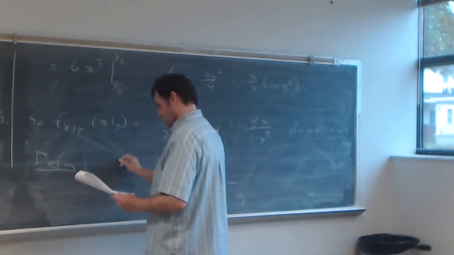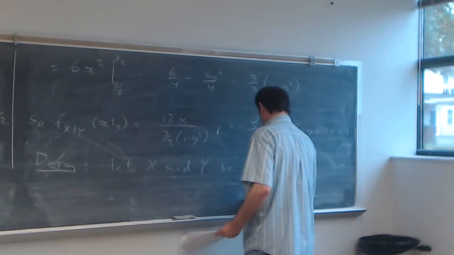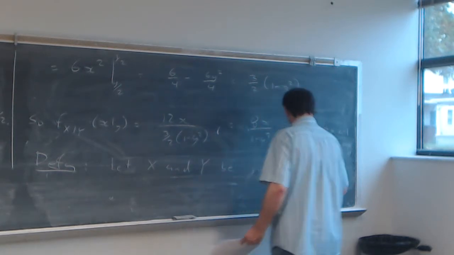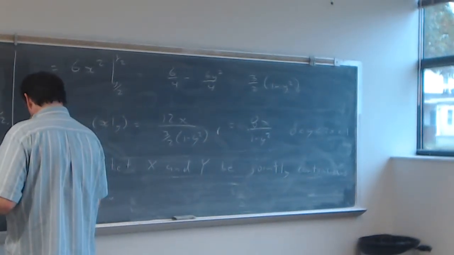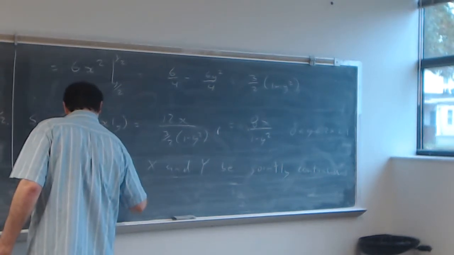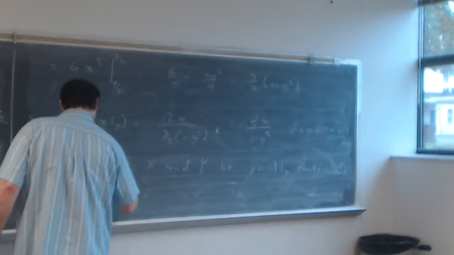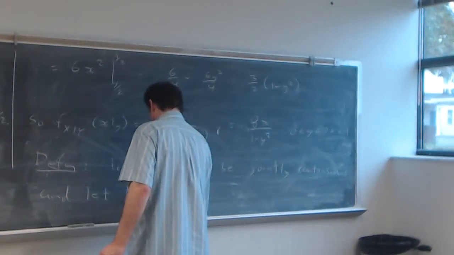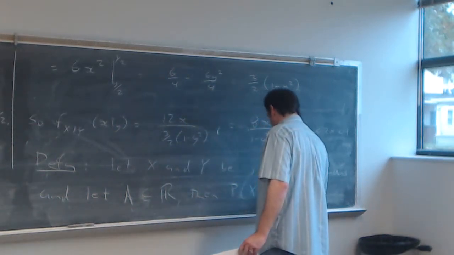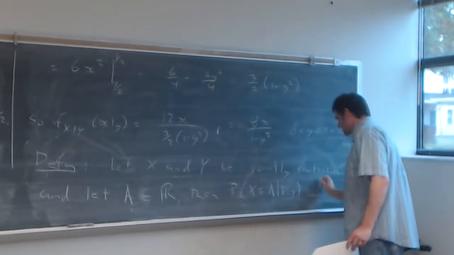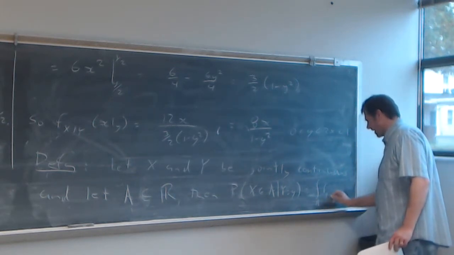Okay, so here's a new definition, similar to the definition we had. It says, let x and y be jointly continuous, and let A be a subset of R. Then the probability that x is an element of A given y equals y is the integral over A of this conditional probability density function of x given y.